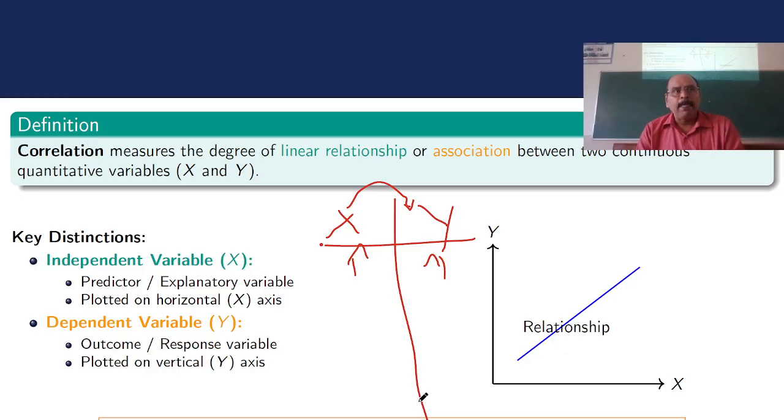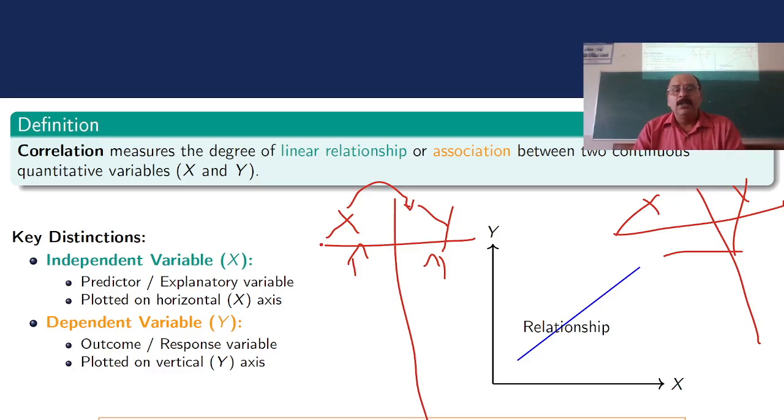Say, for example, let us consider x to be the number of cigarettes a person smokes a day, and y the probability of the person getting cancer.